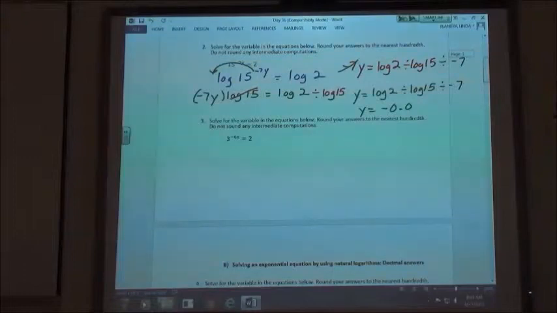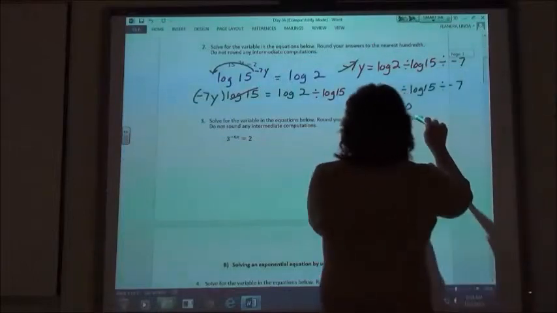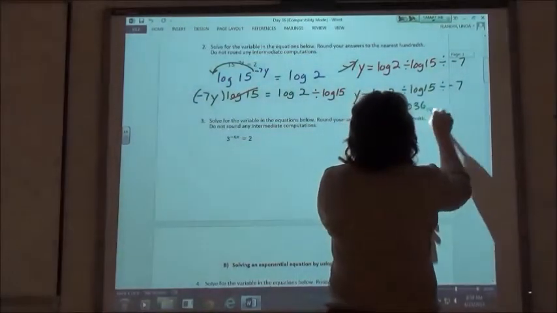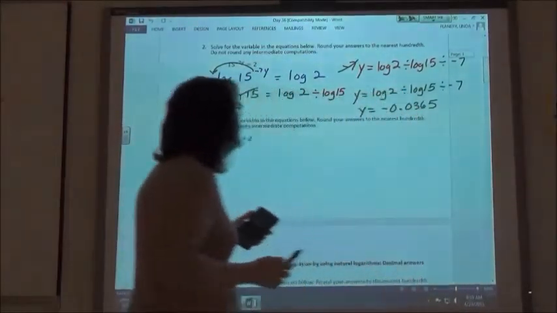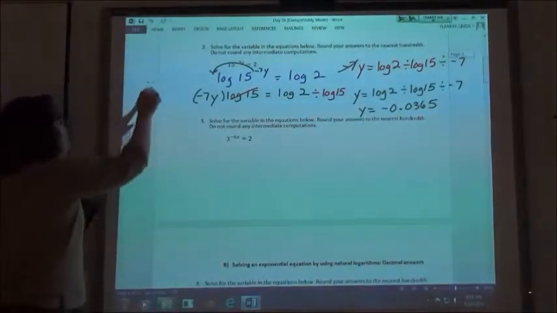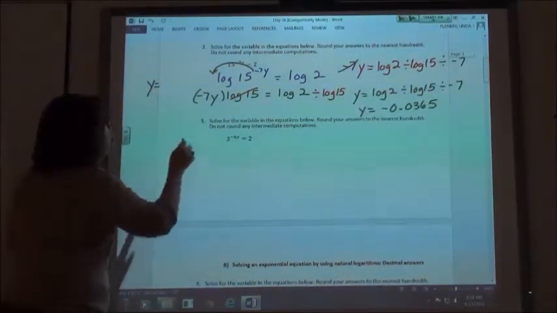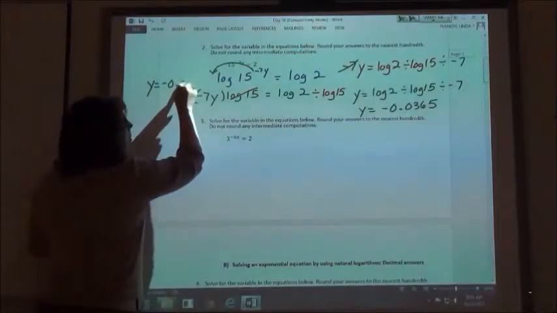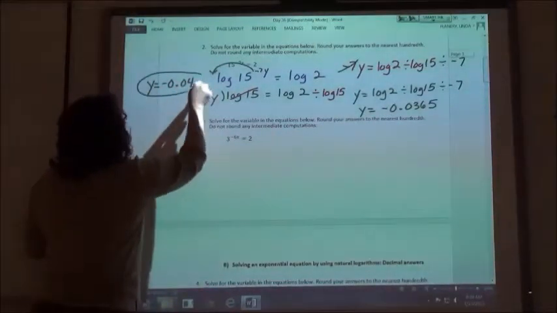Punch it in again: log of 2 divided by log of 15 divided by negative 7. There we go. So we're getting negative 0.0365, right? Yep. If I round that off to the nearest hundredth then, 0.04, and make sure we put the negative in front, right?